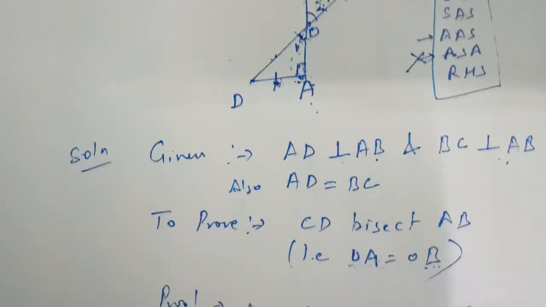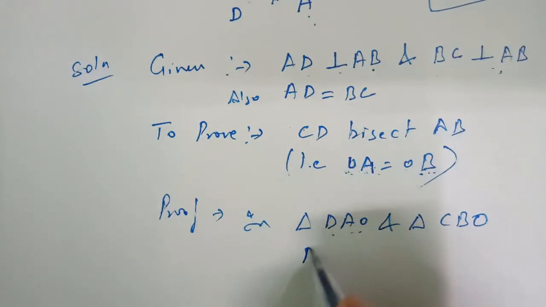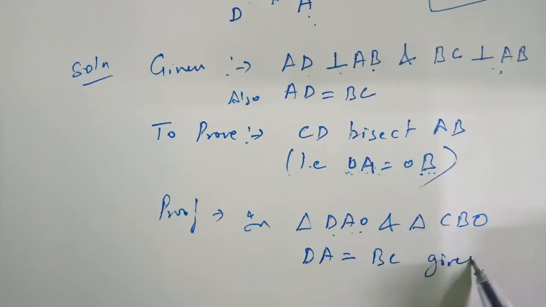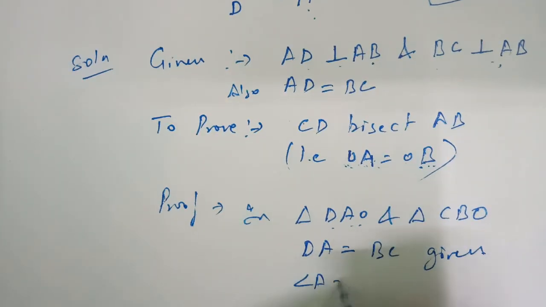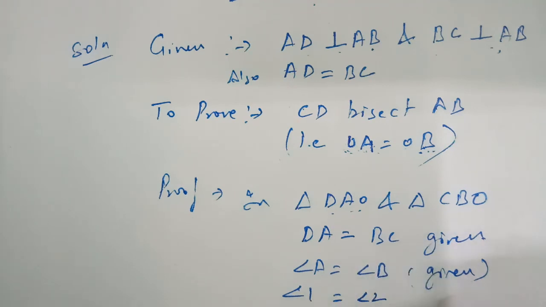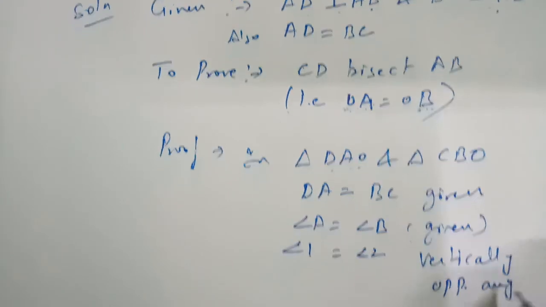So let us write DAO. First we are going to write the parts of DAO. DA equals BC. It is given. Angle A equals angle B. It is also given. Angle 1 is equal to angle 2, vertically opposite angles.